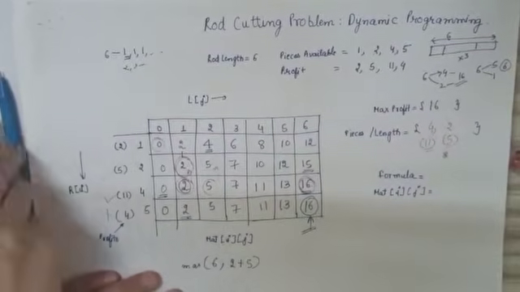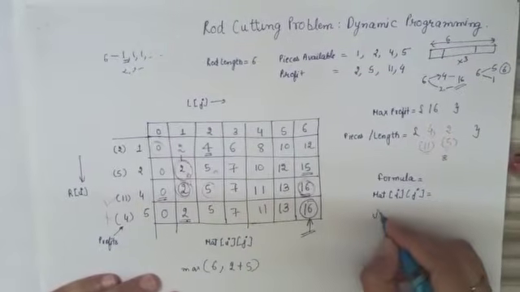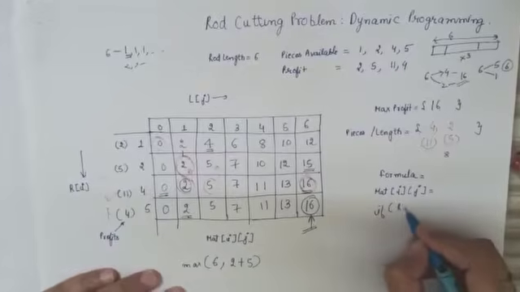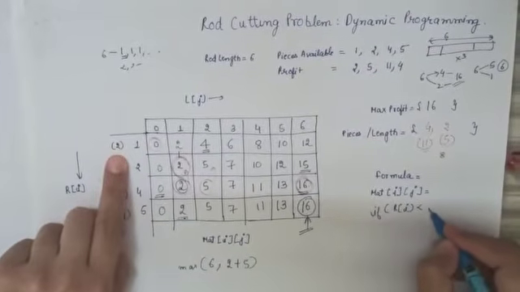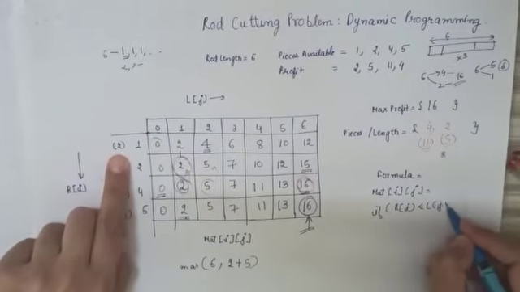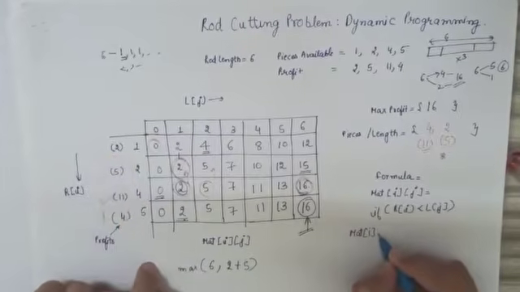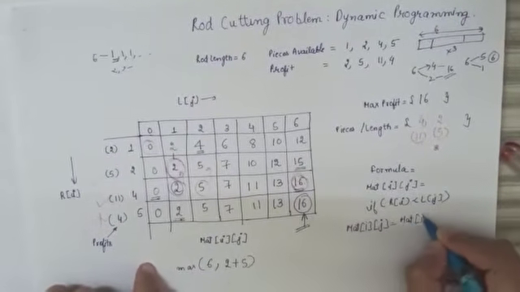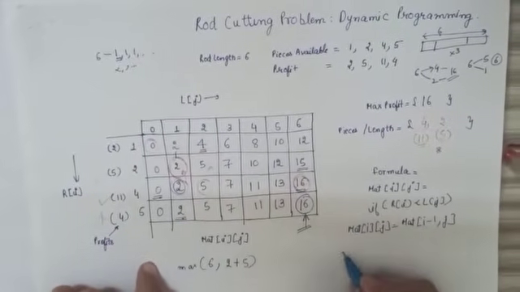Okay, so let's write the equation for this. Mat of I comma j. So if r of I is less than L of j, then mat of I comma j is equal to mat of I minus 1 comma j. As you can see, we just copy the value from above.